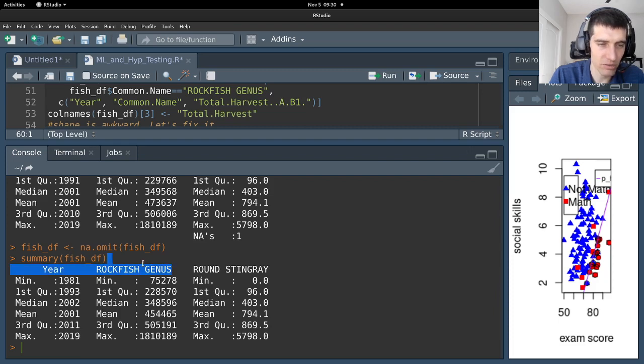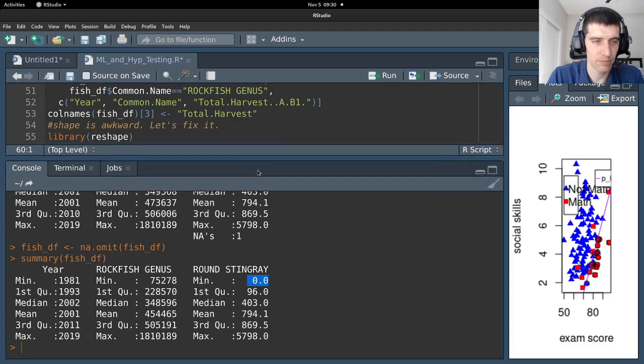This is the genus of rockfish, so I guess rockfish includes multiple species. And then number of round stingrays caught. Okay, so we see that the rockfish, of course, is just much larger. Number of round stingrays caught is much smaller. The maximum of around 5,800, a minimum of 0 recorded round stingray catches in a certain year.